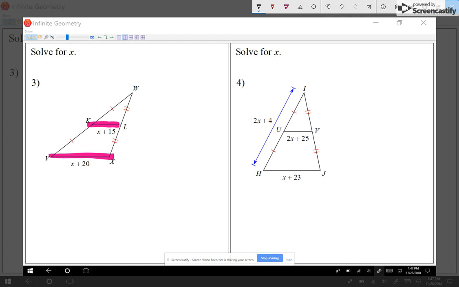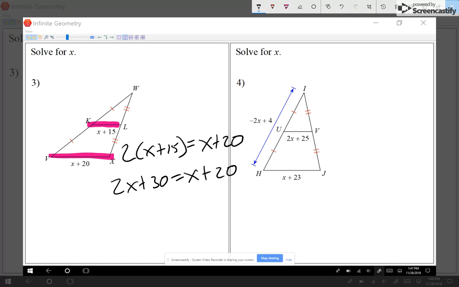So in order for me to solve for x, I'm going to take x plus 15, which is the little side, and multiply it by 2. So multiply the mid segment by 2, and in this case it is equal to x plus 20. Mid segment times 2 equals the side. So I have that 2x plus 30 is equal to x plus 20.